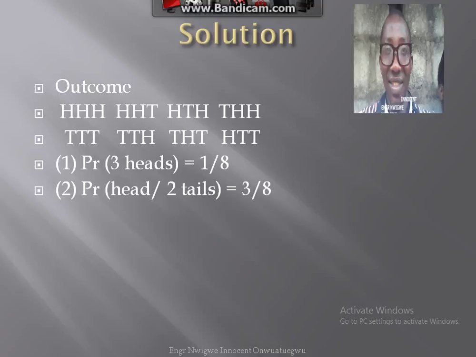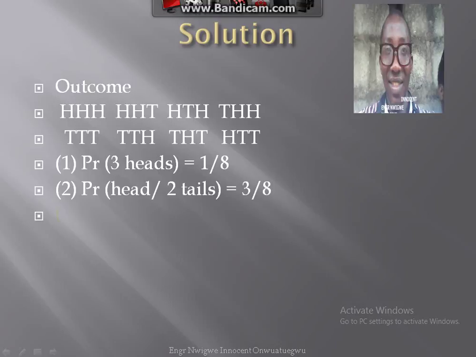So there are 3. We now have the 3 possible outcomes over the total number of outcomes, which is 8, so we have 3 over 8. For number 2, just mind you that the total number of outcomes is 8.